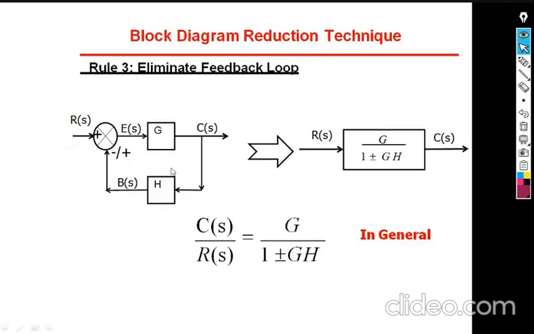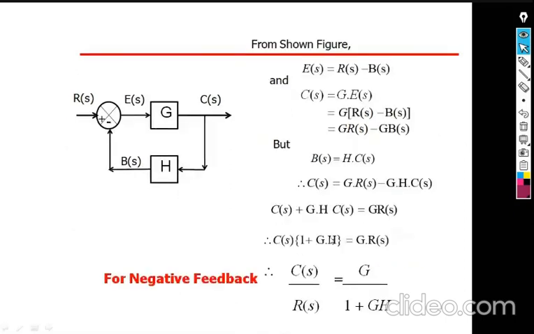And for the resultant of these two blocks, in the last class, by using some simple mathematical expressions, I came to know the overall transfer function of this block, which is C of S divided by R of S. As all of you are aware, the transfer function is the ratio of final output divided by initial input.